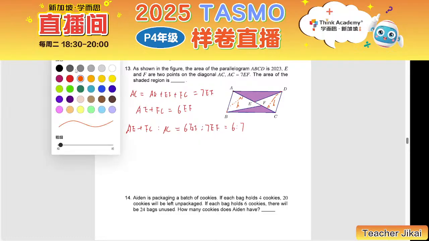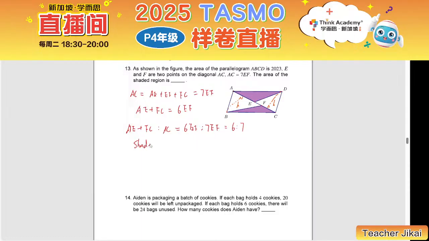The ADC base is AC and the height is also H. So that's why we can know the shaded part's area to the area of the triangle ACD, which has the base AC, is just the ratio of their bases, AE plus FC to AC. So it is also 6 to 7.